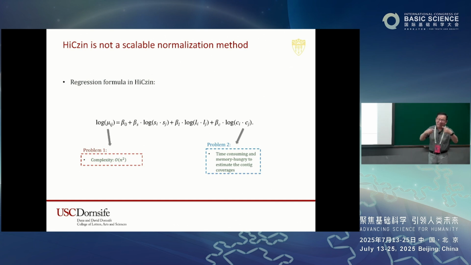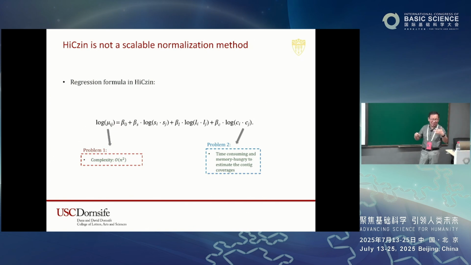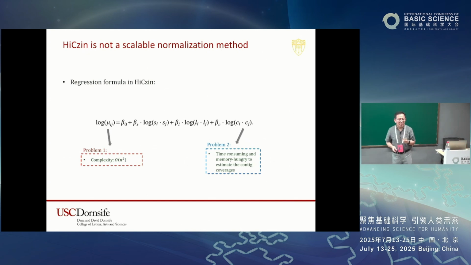In that sense, you cannot accurately estimate the coverage just because the number of reads is small, and the method will not work for the long read data. Can we improve our method to normalize those long reads?